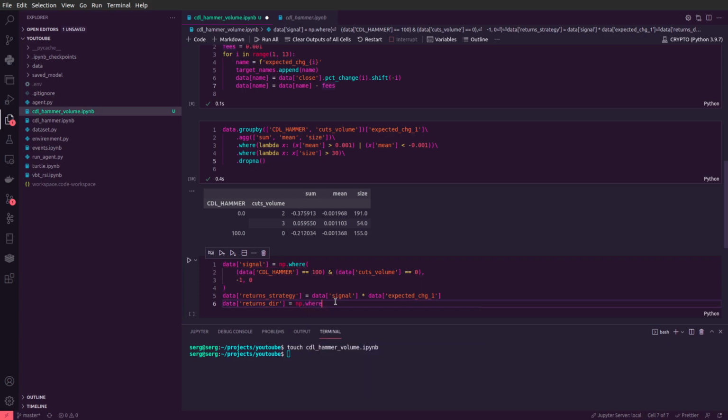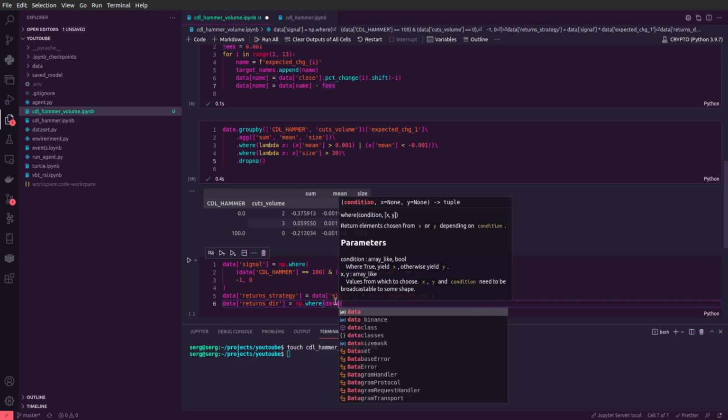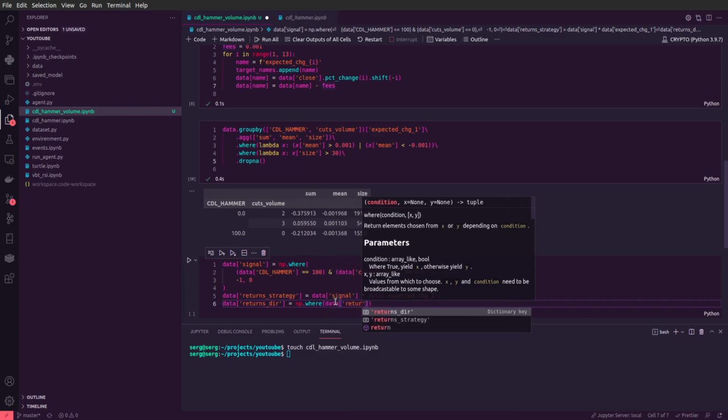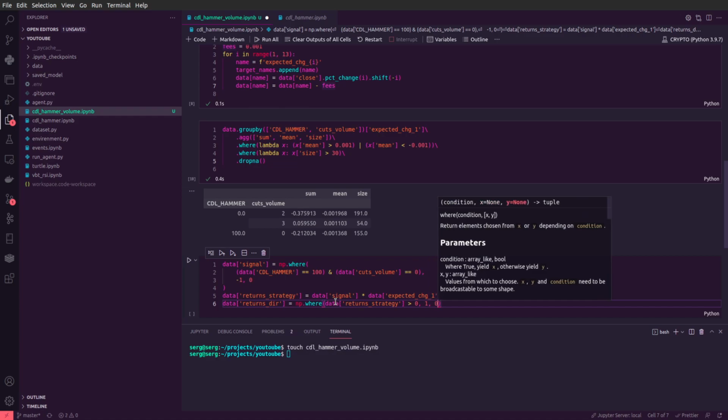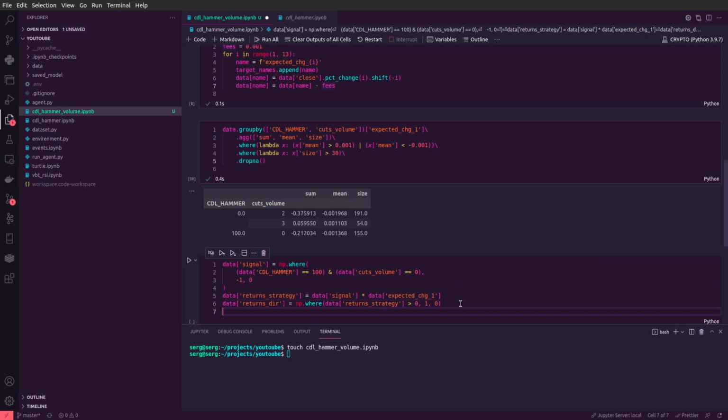Also using numpy where: if returns strategy is more than 0, with positive trades it would be 1. If it does not happen, it would be 0. And let's do it for negative cases.